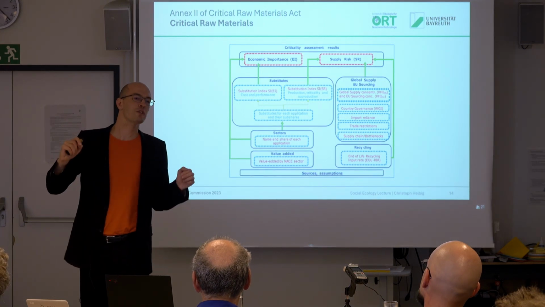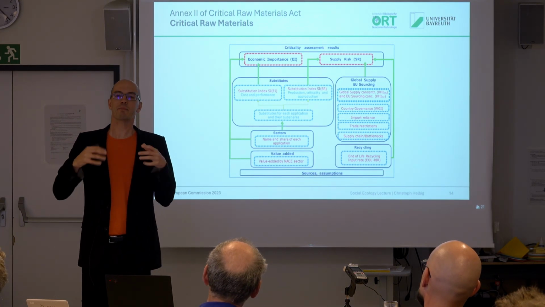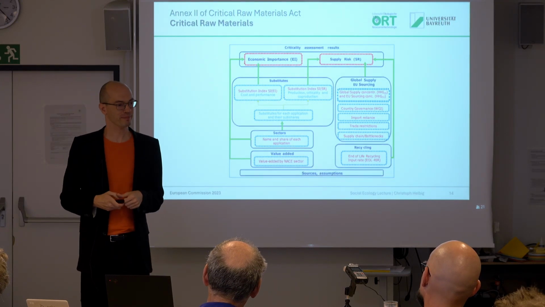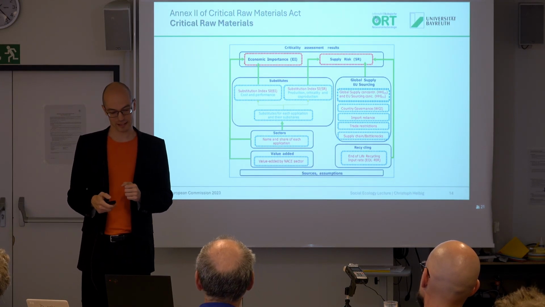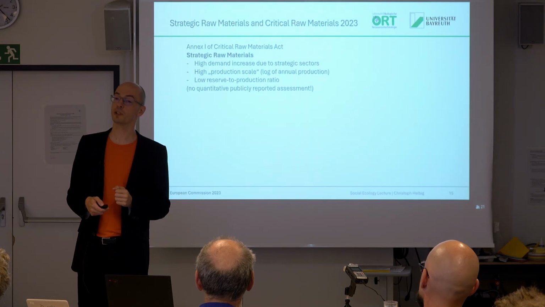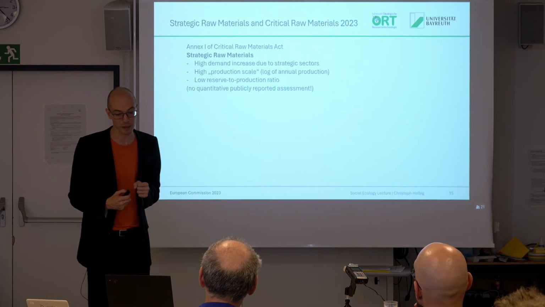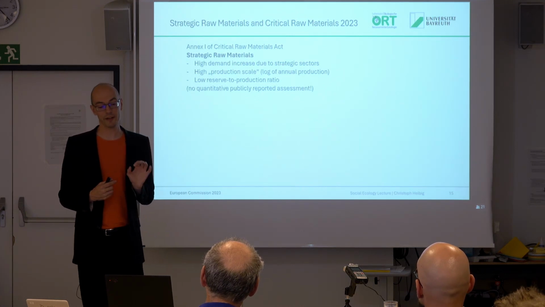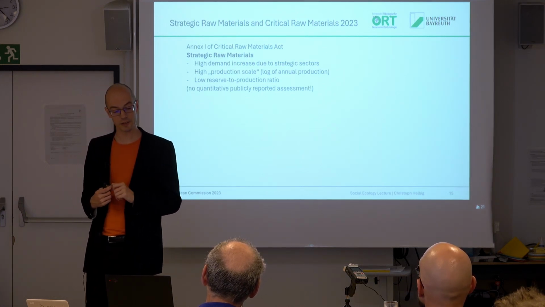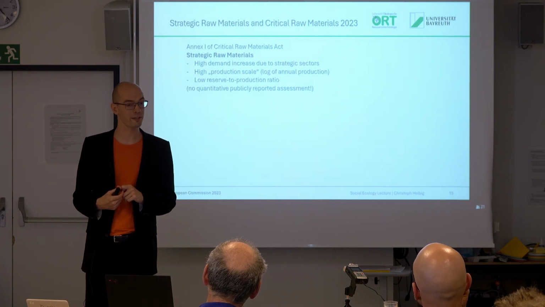If there is an Annex 2, there probably is an Annex 1. And that Annex 1 says that there are also strategic raw materials. And those strategic raw materials are defined by materials where there's a high demand increase due to strategic sectors.